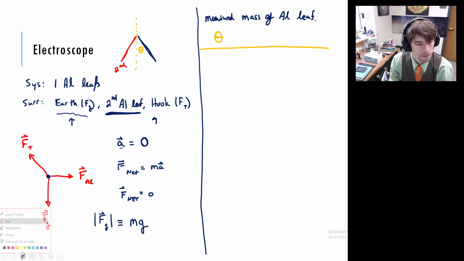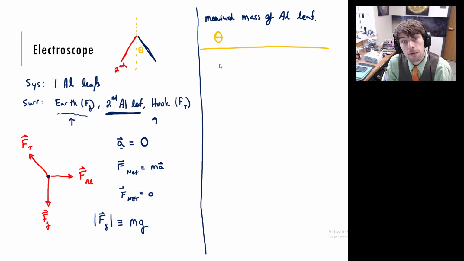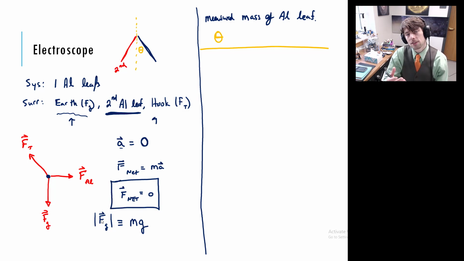Well, let's continue on. So we know that the net force acting on our object is 0. And now let me ask you, how many unknowns do we have? Thinking about the forces for a second, how many unknown forces do we have?